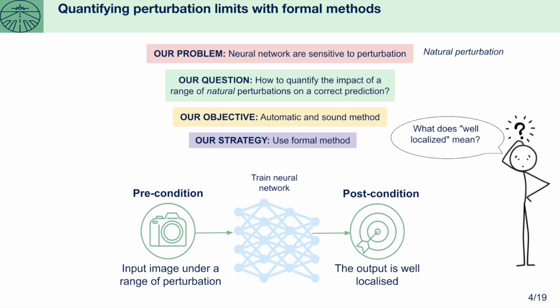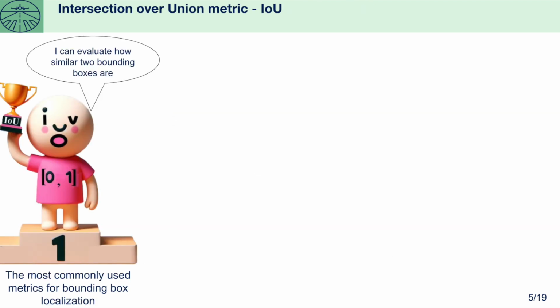But what does well localized mean exactly? There are many methods available, but the most commonly used metric for bounding box localization is the intersection over union.